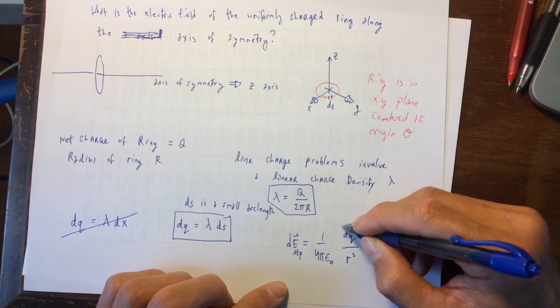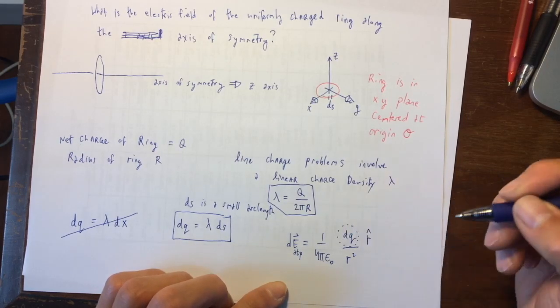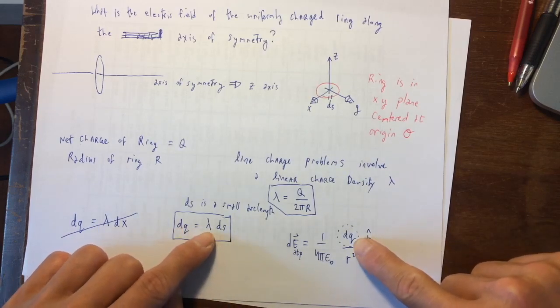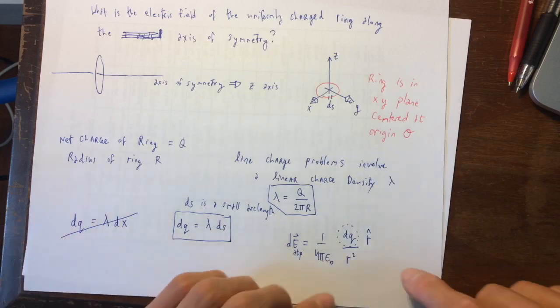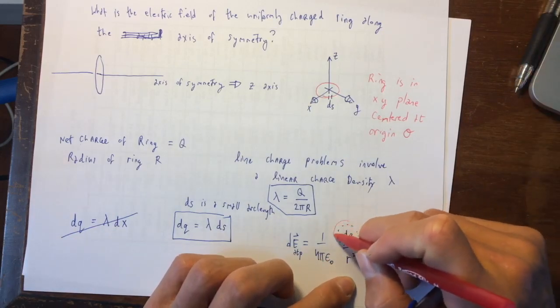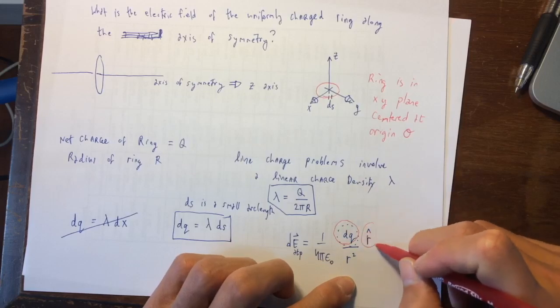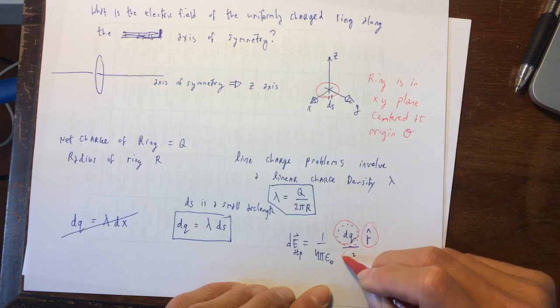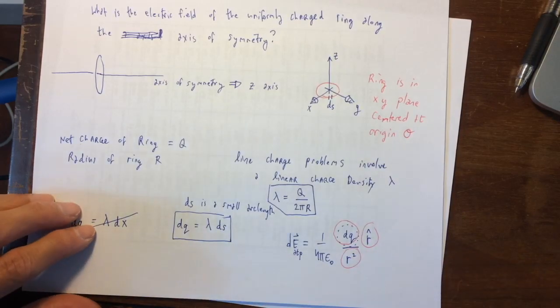So I have started to fill in what I mean by dq. It's going to be lambda ds. I still need to do a little bit more work on dq. I need to figure out how to write down r hat, and I need to figure out how to write down r squared.